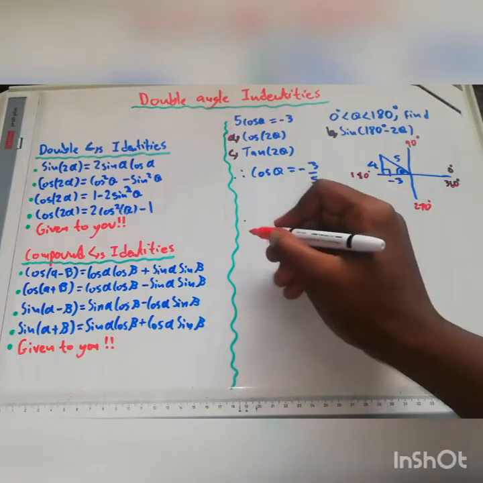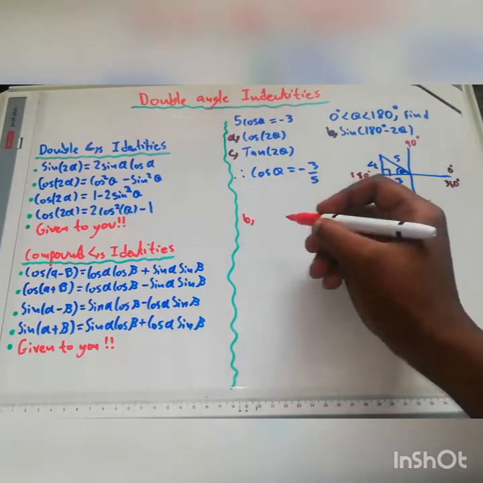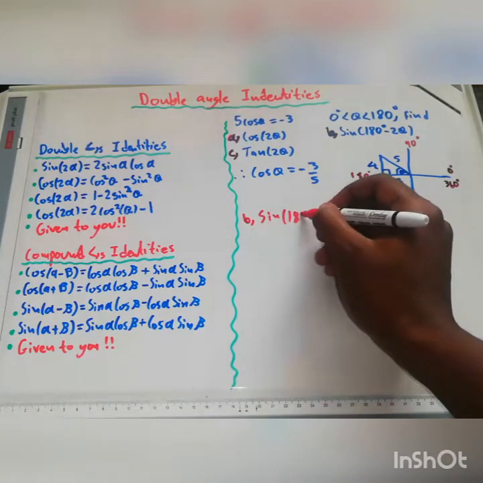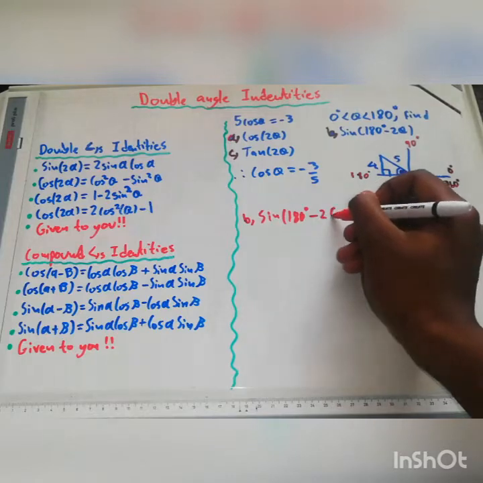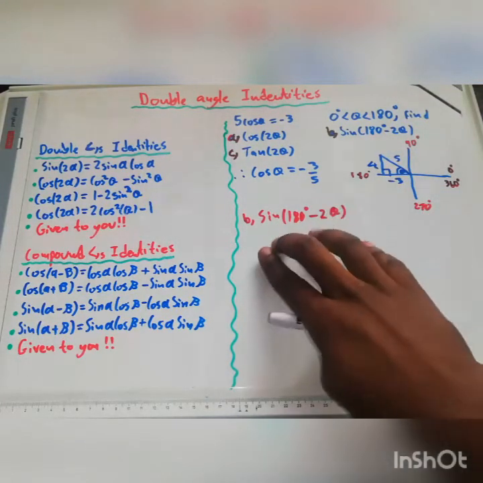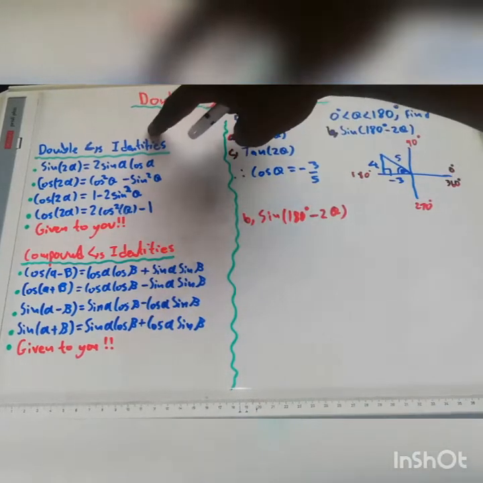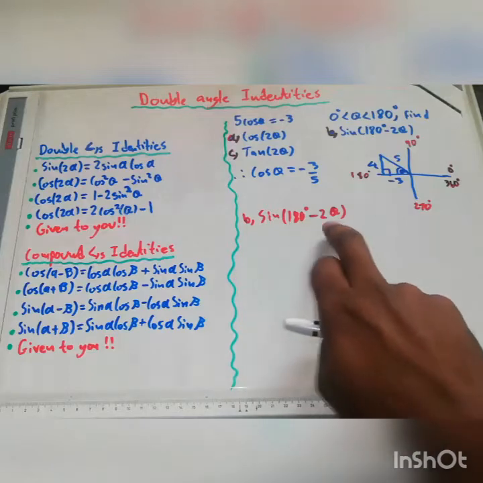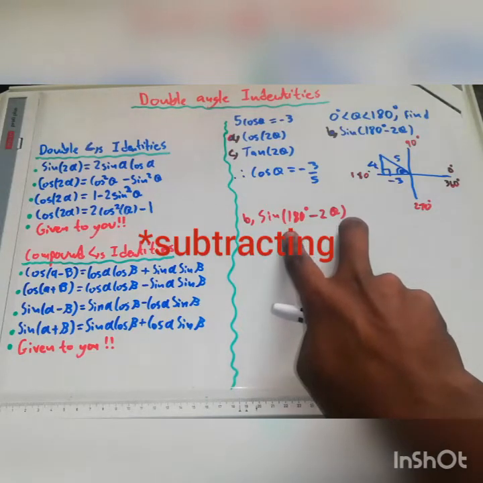And then question B says I must find sine of (180 degrees minus 2 theta). Fine. Here you can see that you have both double angle and compound angle. It's compound angle because we are subtracting two things inside these brackets.